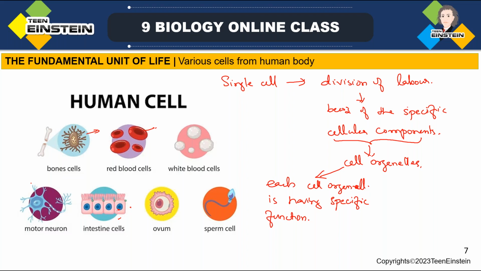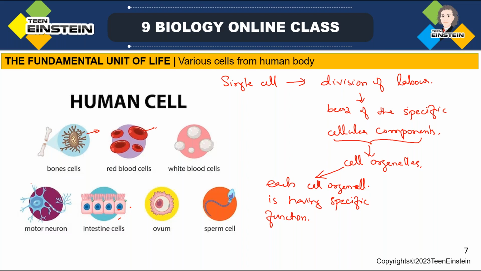But in a multicellular organism, you can see groups of cells and different types of cells in a single organism. In a single group itself, you can see multiple cells, and together they are performing a function.